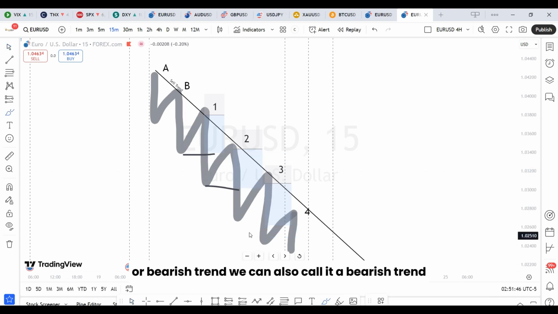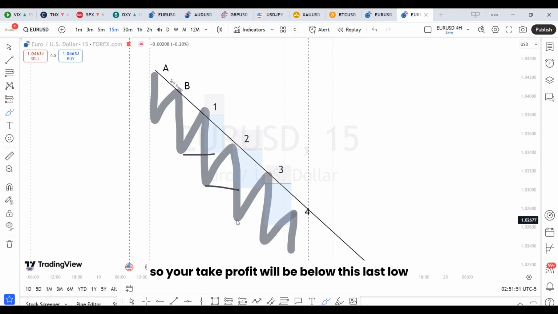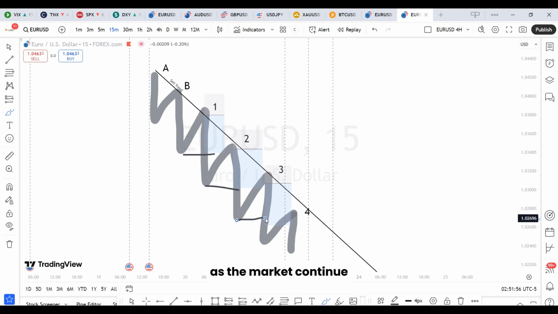We can also call it a bearish trend. So your take profit will be below this last low as the market continues.